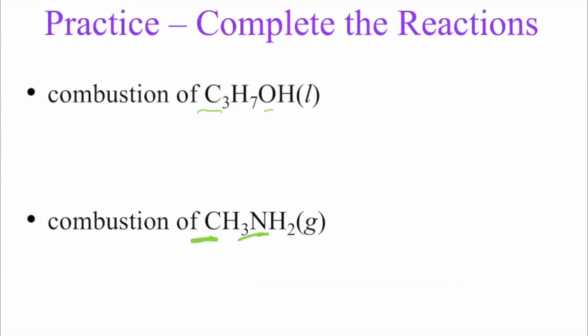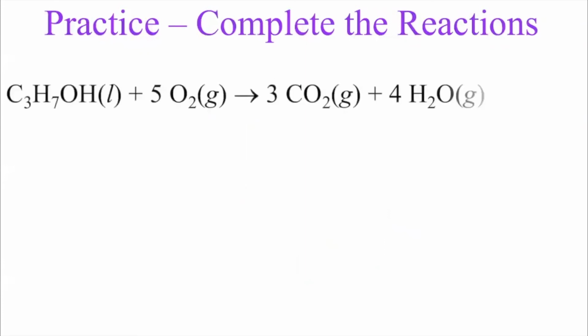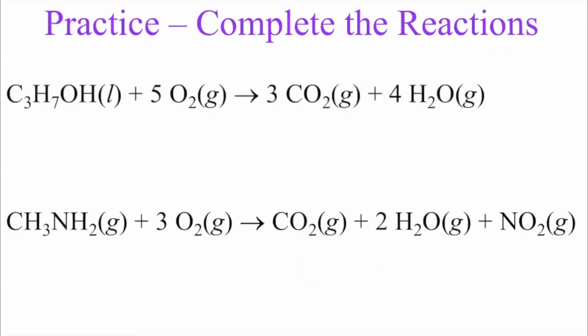So in this case, you're going to have water, you're going to have carbon dioxide, and you're also going to have NO2 as your products. And those are your products. So that's pretty much the last reaction I need you to know. We're going to do some practice, but this completes chapter 4.